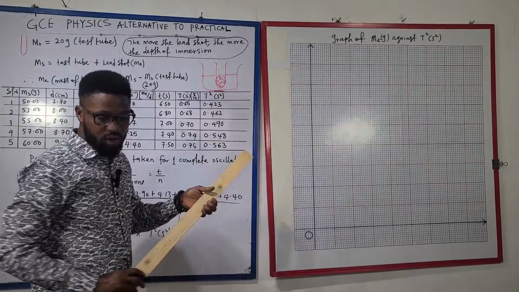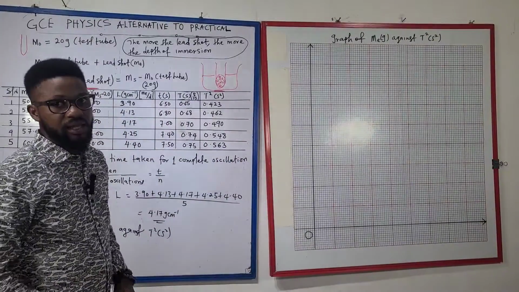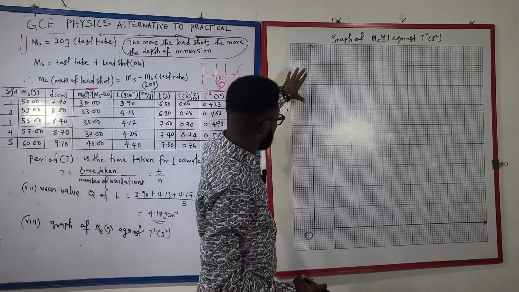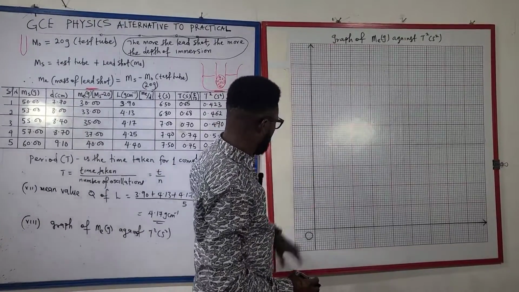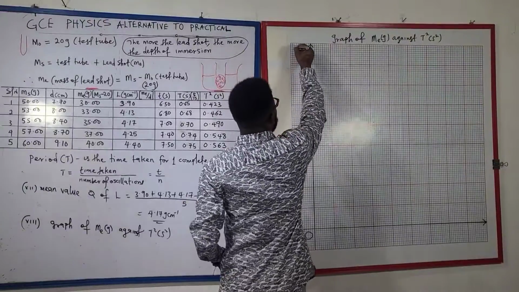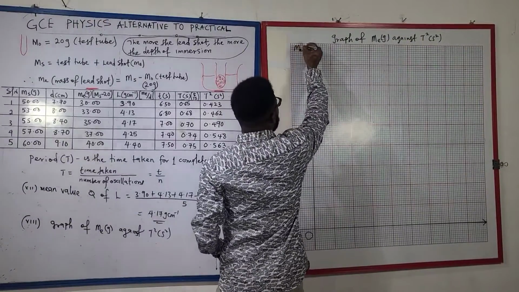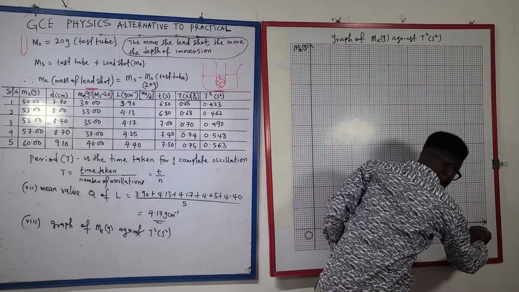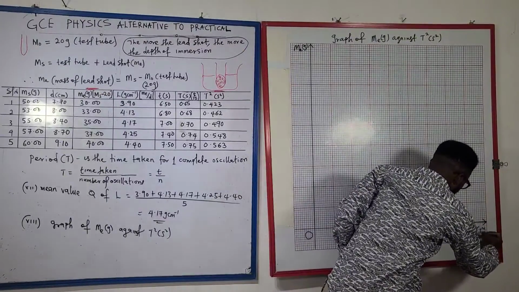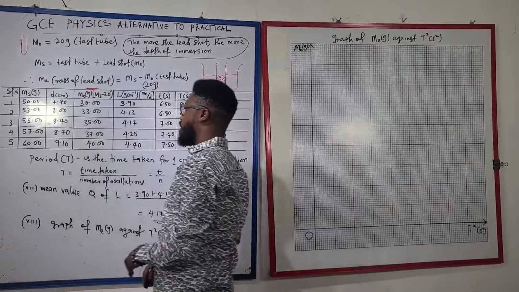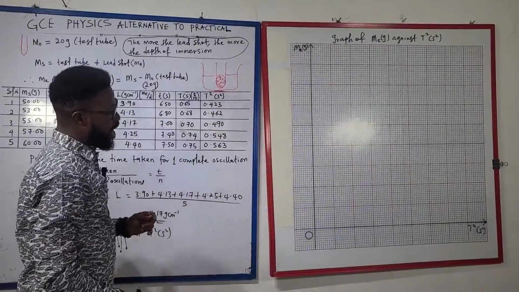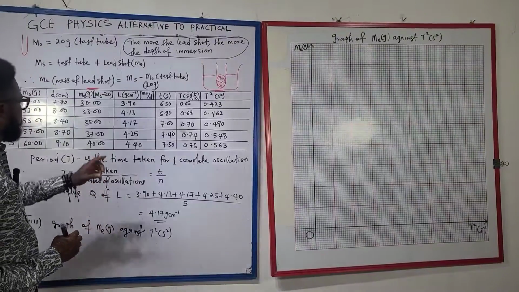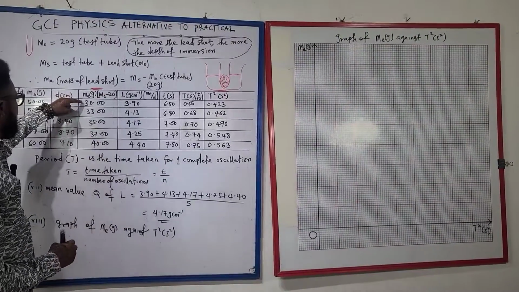So let me quickly look at the figures I'll be writing out. Of course, this is ME in grams. And then my T square in second square. So what I want to do now is write out my ME.